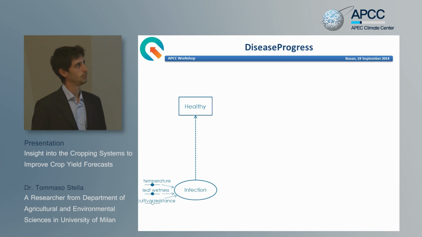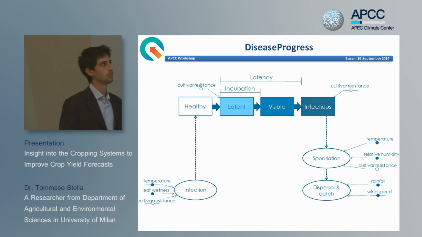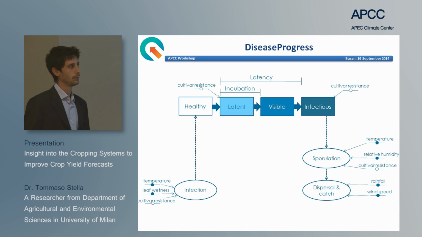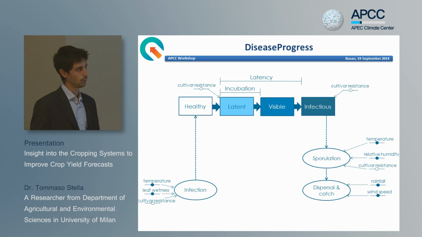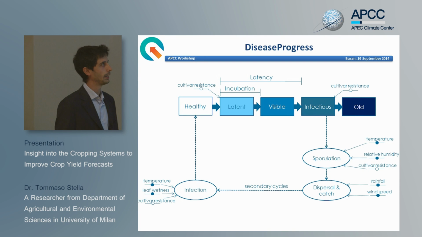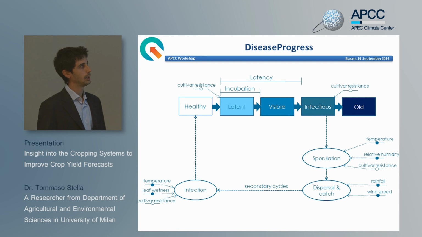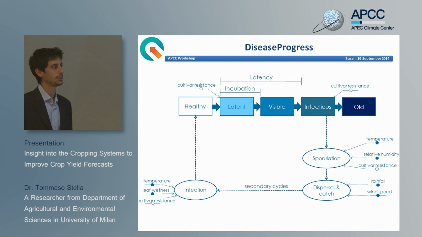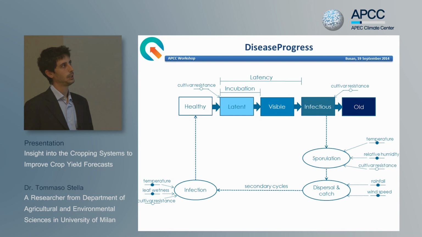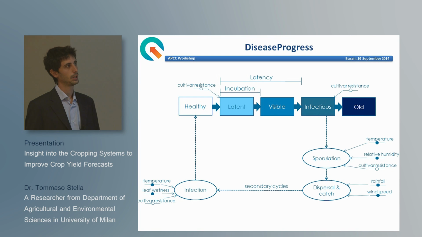So after this period of latency, the tissue becomes infectious, and this means that the pathogen can sporulate, produce spore, and these spores, depending on weather condition, can be dispersed and caught by other healthy tissues, and this gives rise to secondary infections. After the infectious period, the tissues become old and no more active.